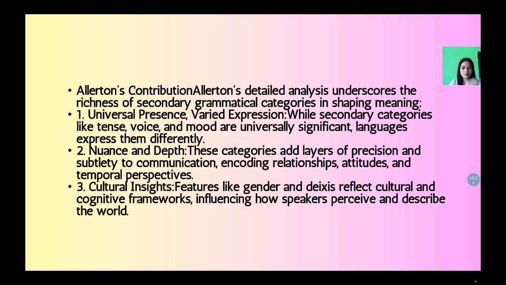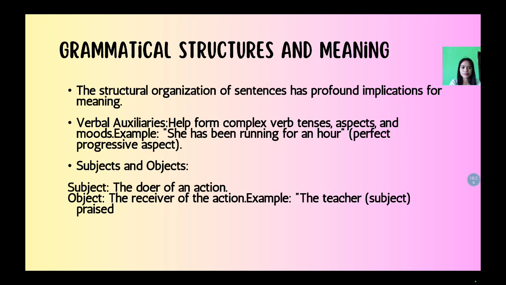Nuance and depth. These categories add layers of precision, subtone communication, encoding relationship, attitudes, and temporal perspective. Cultural insights: features like gender indexes reflect cultural and cognitive frameworks, influencing how speakers perceive and describe the world.